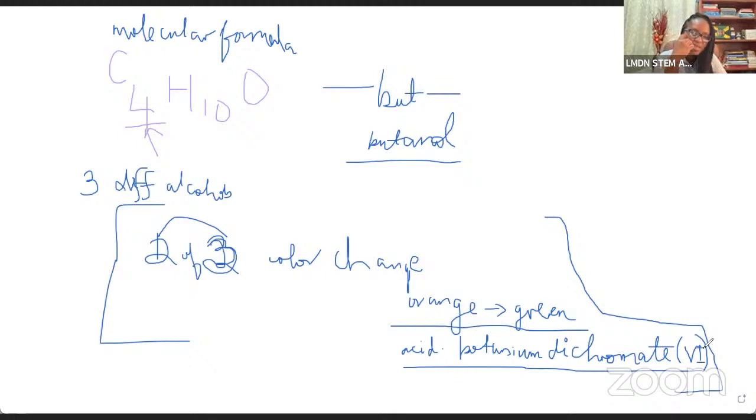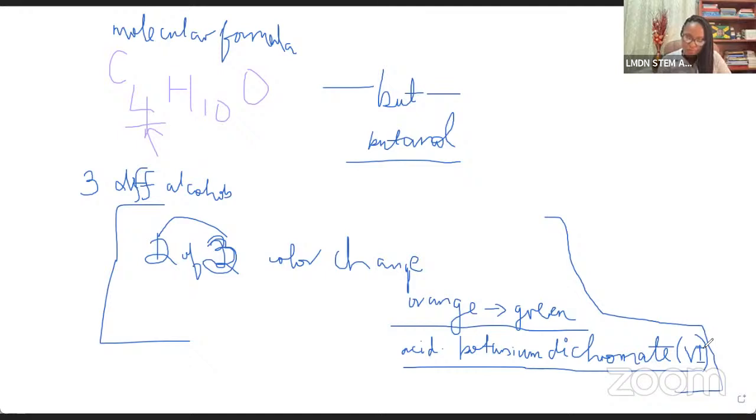So Venita is saying this is when the alcohol is oxidized. Is that true, Venita? Let me know. When the alcohol is oxidized, what happens as a result of the oxidation of alcohols? When you oxidize an alcohol, what happens?